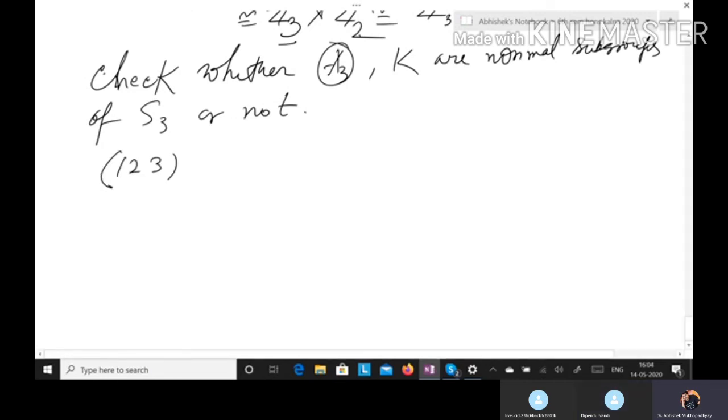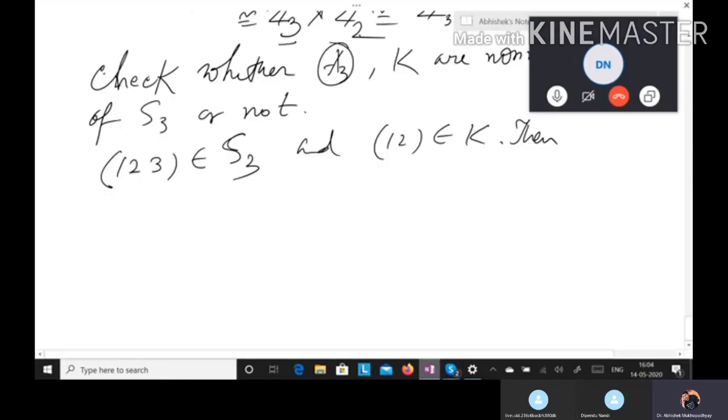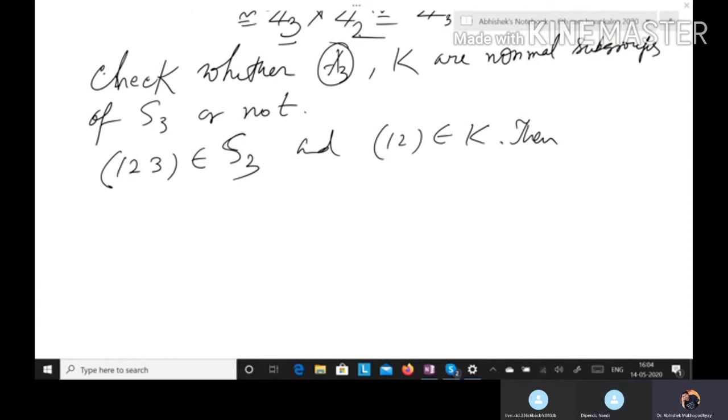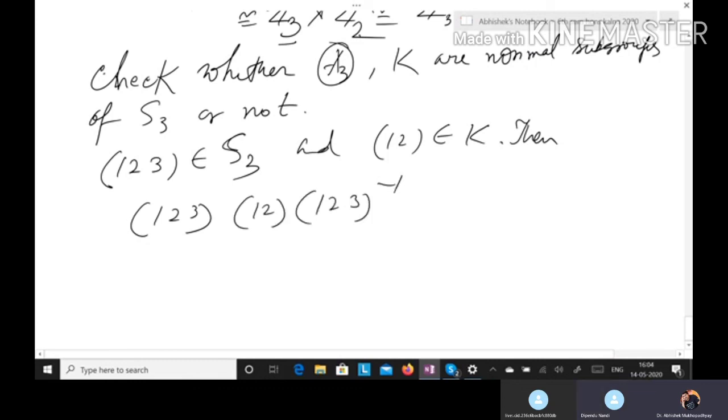Let us consider an element (1 2 3) in S3 and (1 2) in K. Then find the product (1 2 3)(1 2)(1 2 3) inverse.